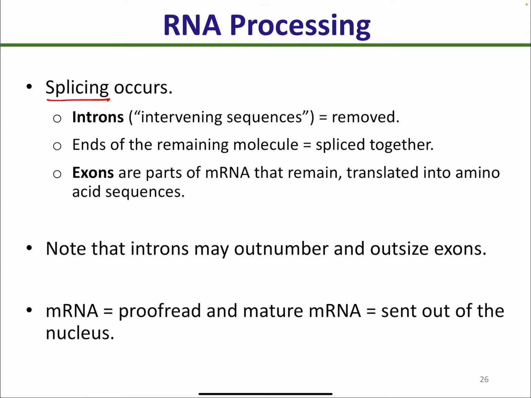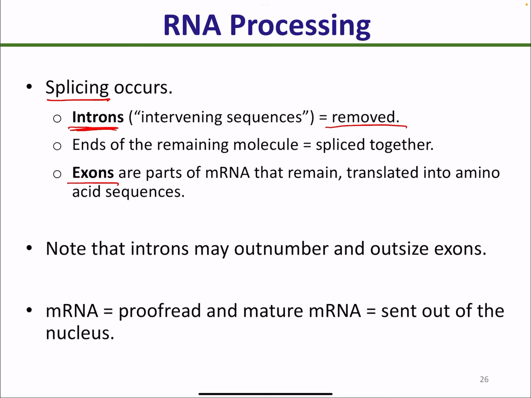Any non-coding part in the pre-messenger RNA is called an intron, while any coding part is called an exon. So the exons are the segments of the messenger RNA that are going to be ultimately converted into protein, while the introns are non-coding parts, and they are going to be removed, right?